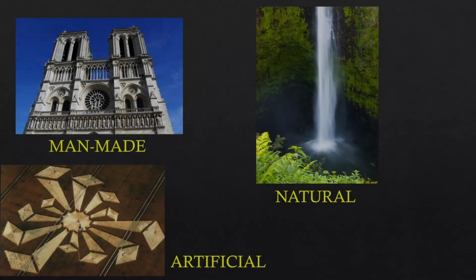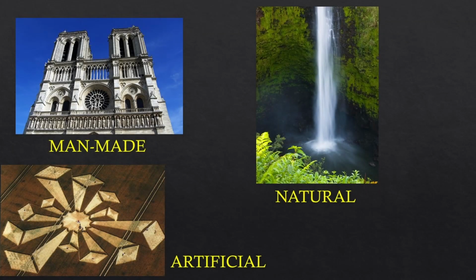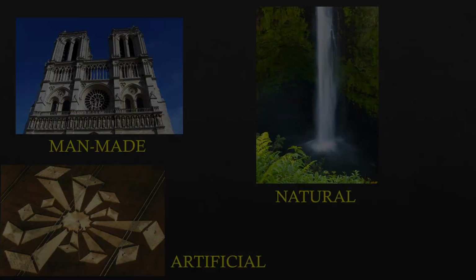So man-made, anything constructed by man. This was a blank target, I got man-made each time I went through. Natural, anything made by nature, like anything behind me. And artificial, anything made by other than man. This could be a beaver dam, a bird's nest, extraterrestrial formation, crop circle, anything like that.